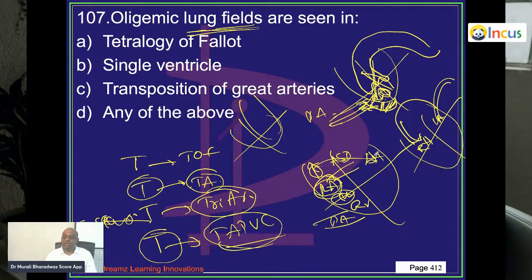Later, these patients will only survive if they have an ASD available. Through that, the right atrial blood goes back to the left atrium. The pulmonary vein brings blood into the right atrium, along with the SVC and IVC, and they won't survive otherwise. Obviously, the left atrium should receive blood from the pulmonary vein. So the left atrium tells the right atrium, hey, my pulmonary vein by mistake came to you.